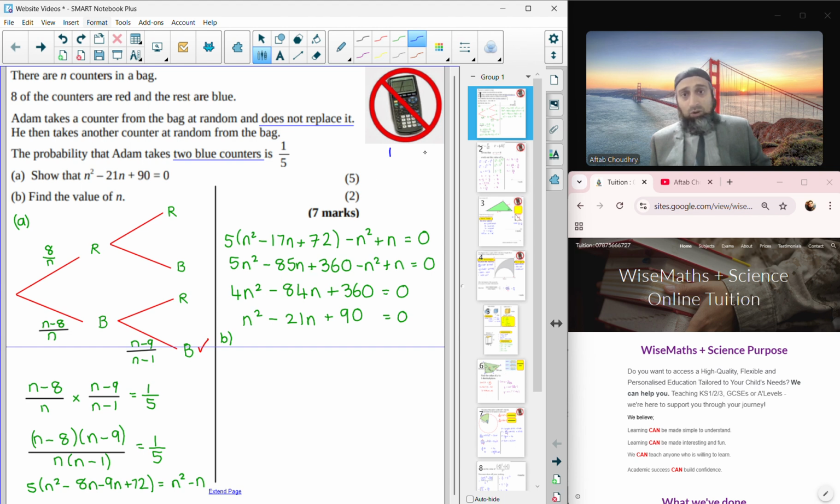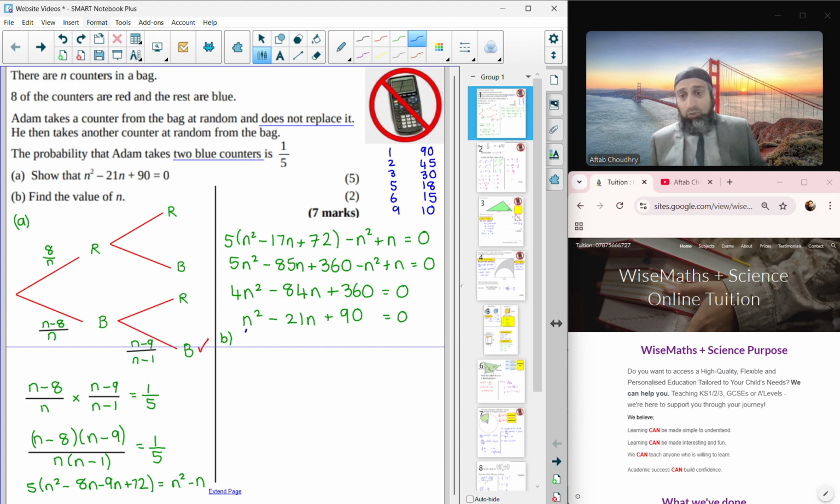It could be 1 and 90, 2 and 45, 3 and 30, 5 and 18, 6 and 15, 9 and 10. It looks like we're going to use the 6 and the 15.